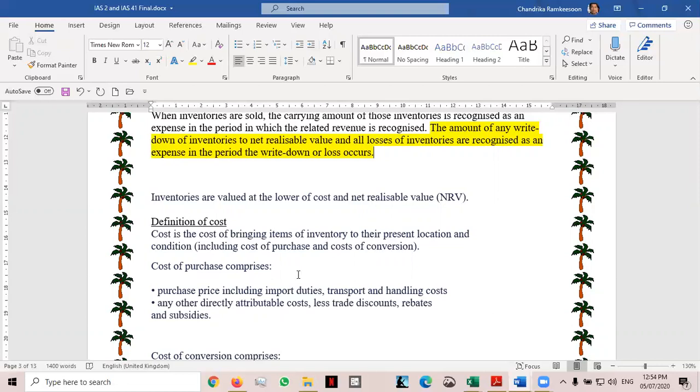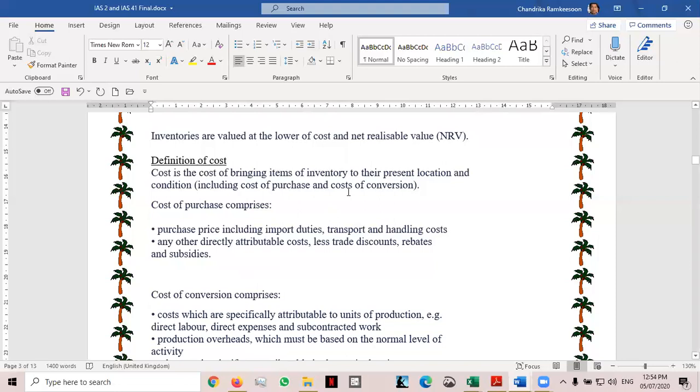Cost of purchase comprises purchase price, including any import duties, transport, handling costs, any other directly attributable costs, less trade discounts, rebates, and subsidies.